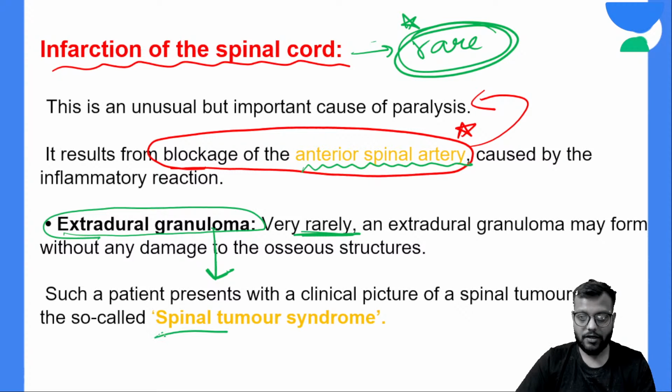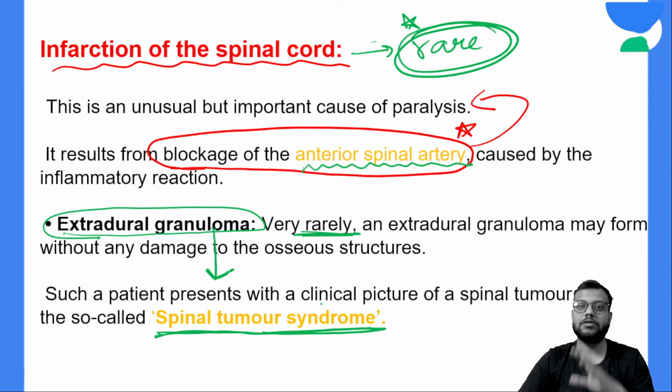Okay, spinal tumor syndrome. So what is spinal tumor syndrome? Spinal tumor syndrome में क्या होगा? You will have neoplasia-like symptoms, like there will be a lump or swelling on examination, and also there will be neurological deficits, etc. So the symptoms will be like a spinal tumor.